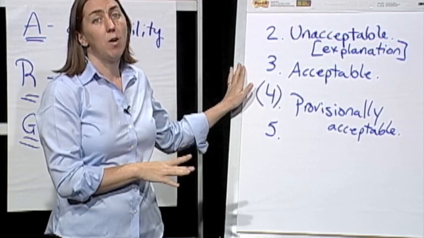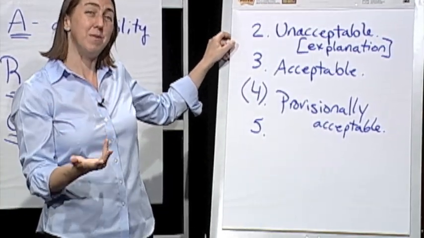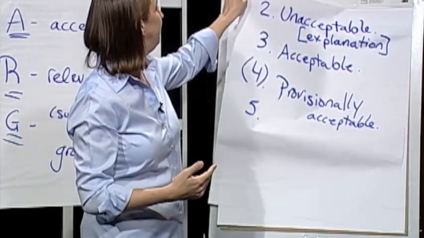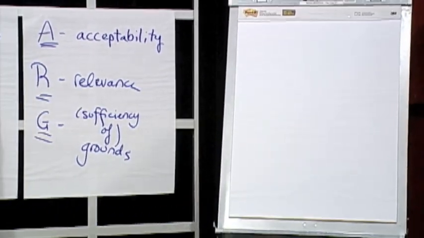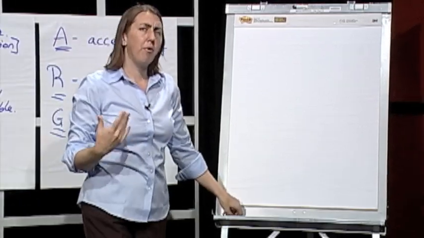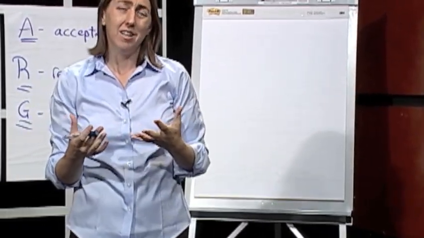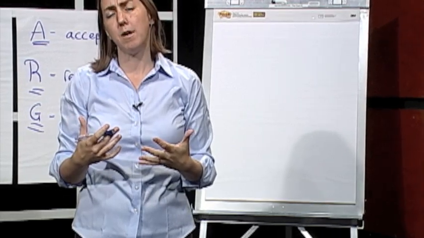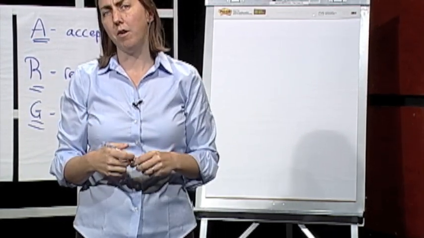Okay, so let's now talk about how acceptability functions and how you can decide whether any given premise is or is not acceptable. When we're talking about a premise and whether it's acceptable or not, we're really looking at its content. Again, it's going to be different in the next 2 steps. But we don't need to know very much about where the premise shows up in the argument.